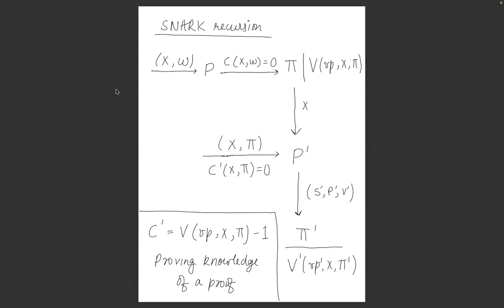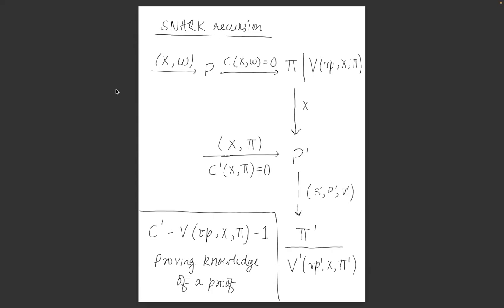This is the circuit that the prover wants to prove. The proving algorithm outputs this proof, and along with it we have a verifier, which takes the statement and the proof.